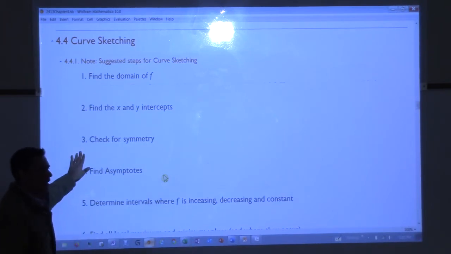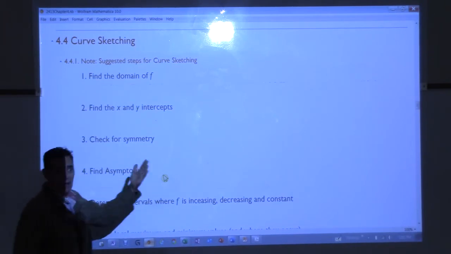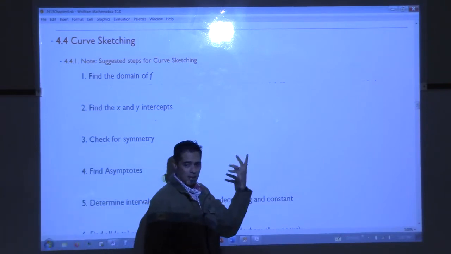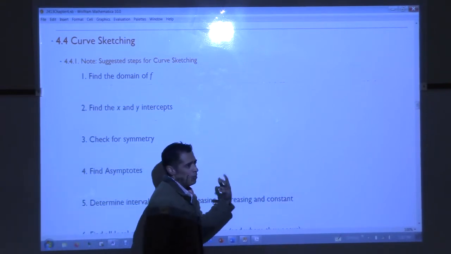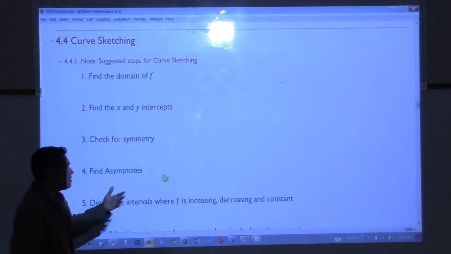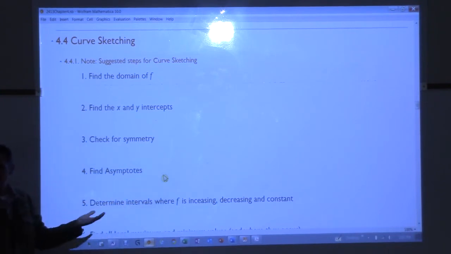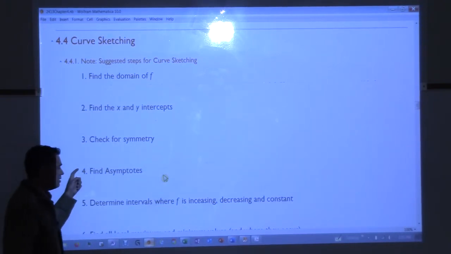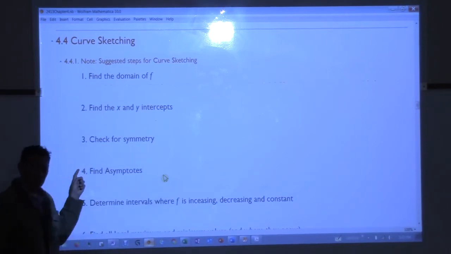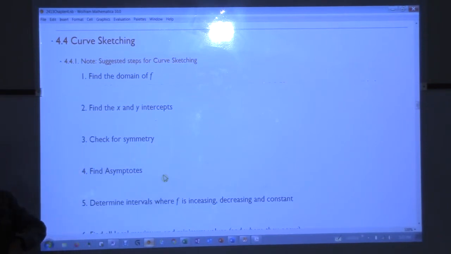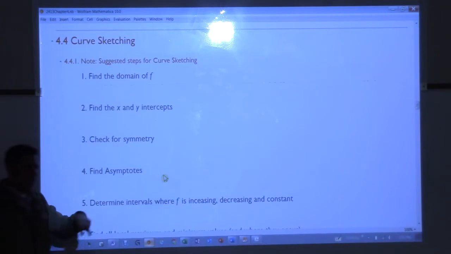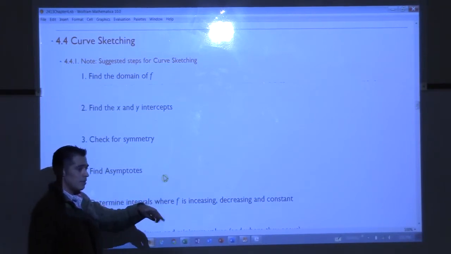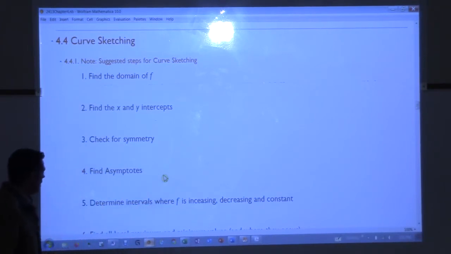A parabola is symmetric; it looks like a reflection of itself. Can we tell just by looking at the function whether it's symmetric? The sine function is symmetric. We're going to find asymptotes. In college algebra you studied vertical and horizontal asymptotes, and in this class we studied them when we talked about limits. So we'll get back to this.